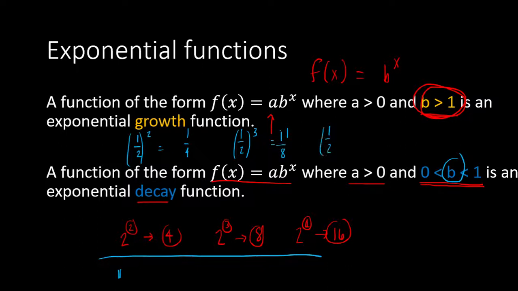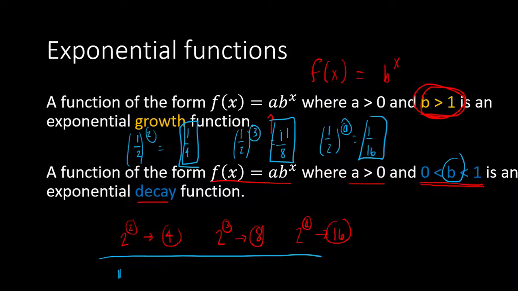And so on. Taking it to the 4th power, I get 1/16. Notice that as once again I increased my exponent, the result got smaller. 1/4 to 1/8 to 1/16. The result is decaying. So it makes sense that if I'm raising a fraction to an exponent, it gets smaller over time, and these are going to be our decay functions.